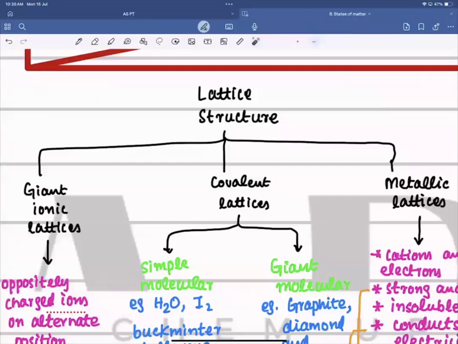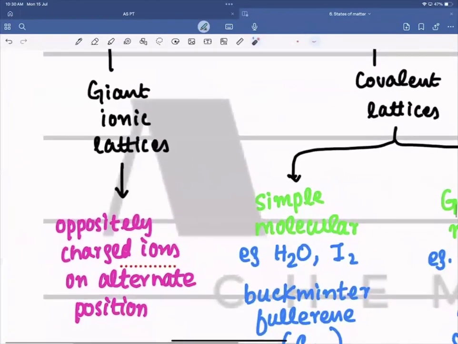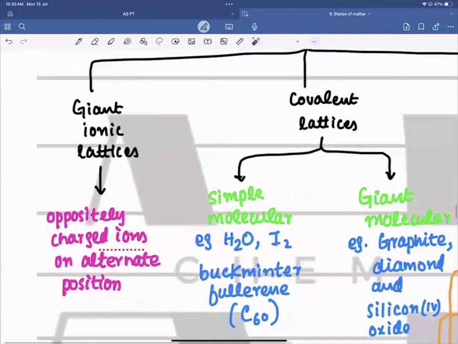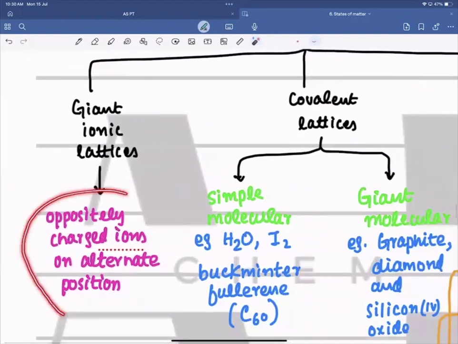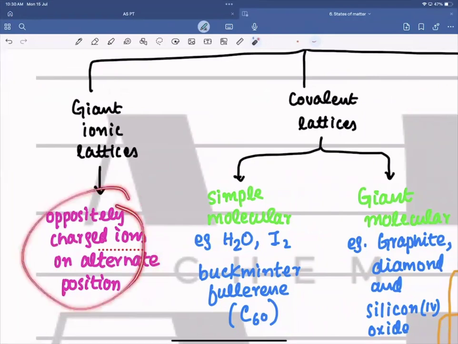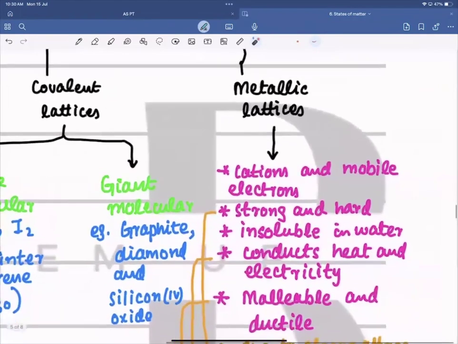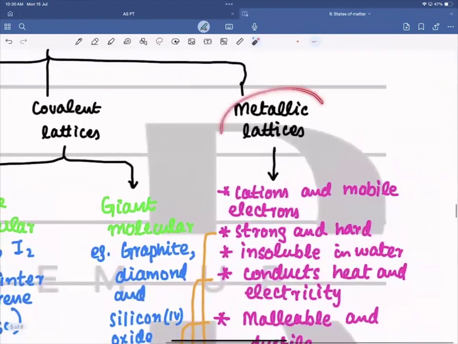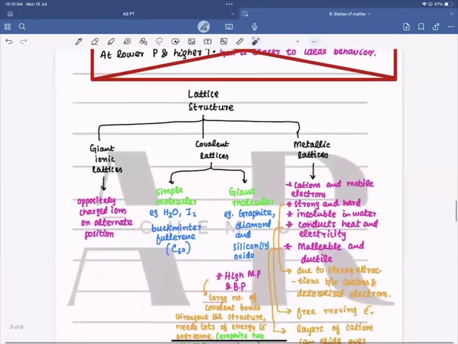When we talk about the giant ionic lattices, we know that they have a giant structure and there are positively and negatively charged ions on alternate positions in the lattice, and the ions are uniformly arranged, right? The metallic lattice is also a giant one, and it is made of cations and mobile electrons, and the cations are surrounded by those mobile electrons, right?